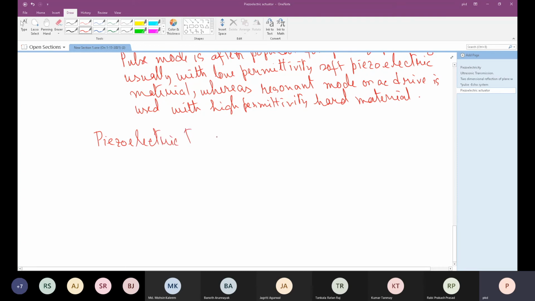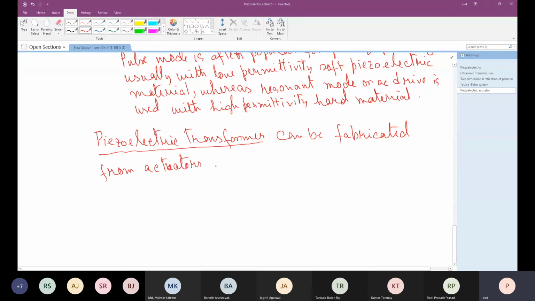So a piezoelectric transformer can be fabricated from actuators connected back-to-back, or sidewise as well.